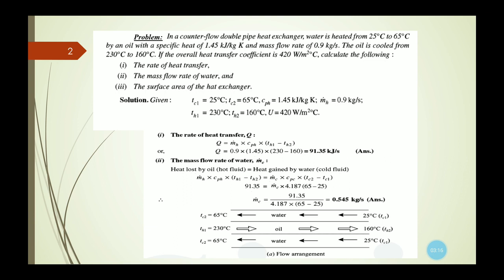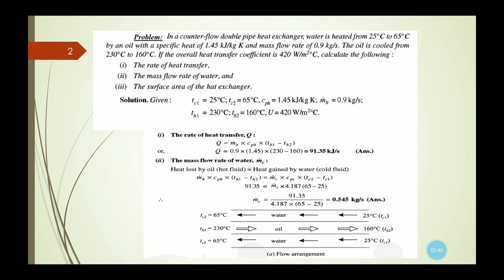Now the temperature of the hot fluid, that is the oil, the inlet temperature it is given 230 degrees centigrade and the outlet temperature of the hot fluid it is given 160 degrees centigrade, and the value of the overall heat transfer coefficient it is given 420 watt per meter square degree centigrade.